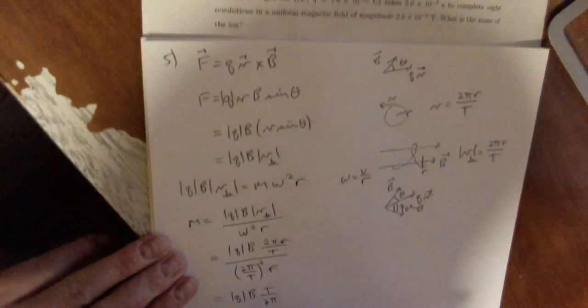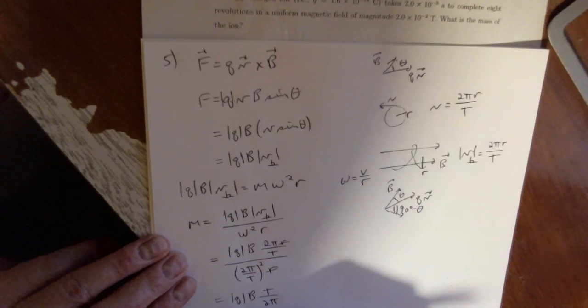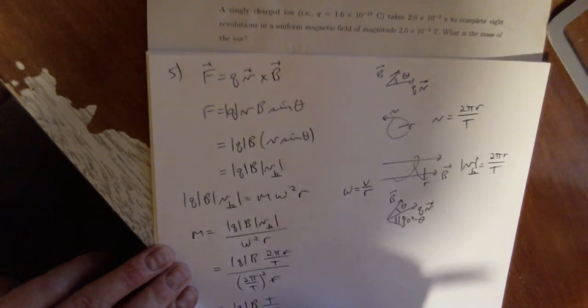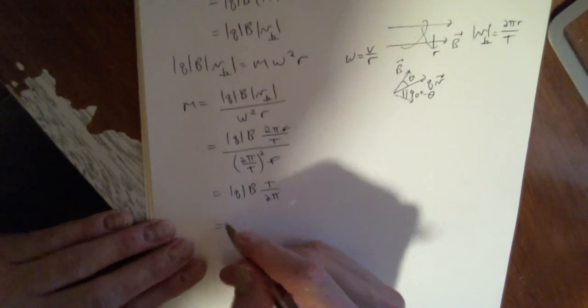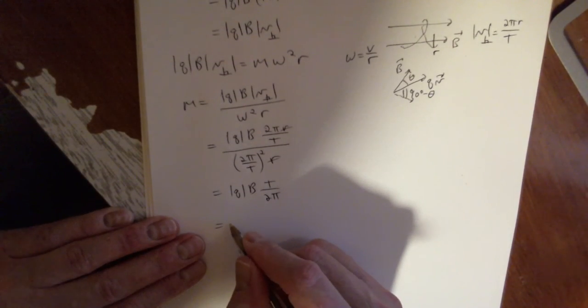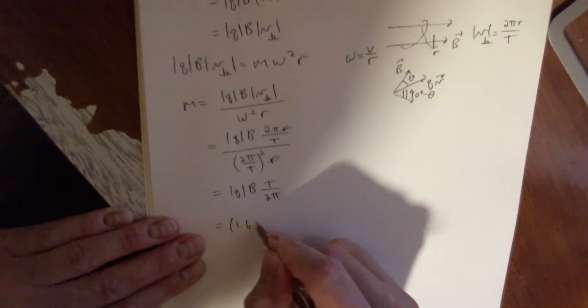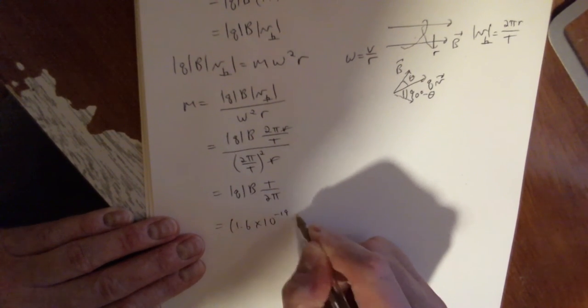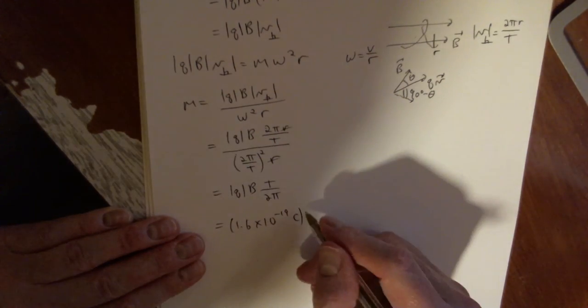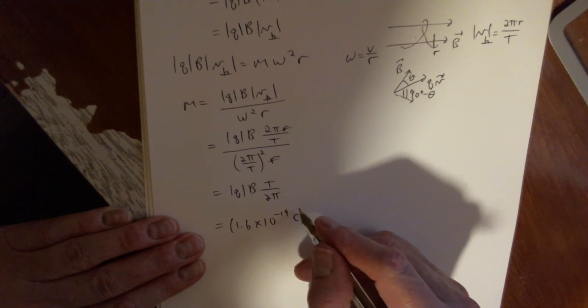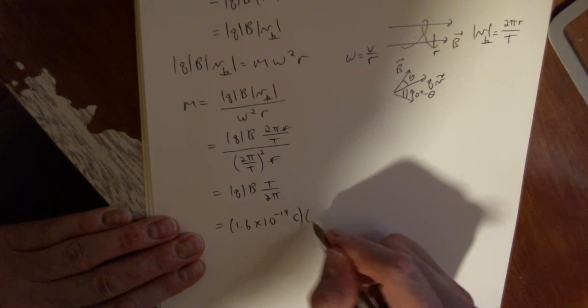And so I can plug in the charge. It's a singly charged ion, so the charge is the fundamental unit of charge, 1.6 times 10 to the negative 19 coulombs. B is given as 2 times 10 to the negative 2 Tesla.